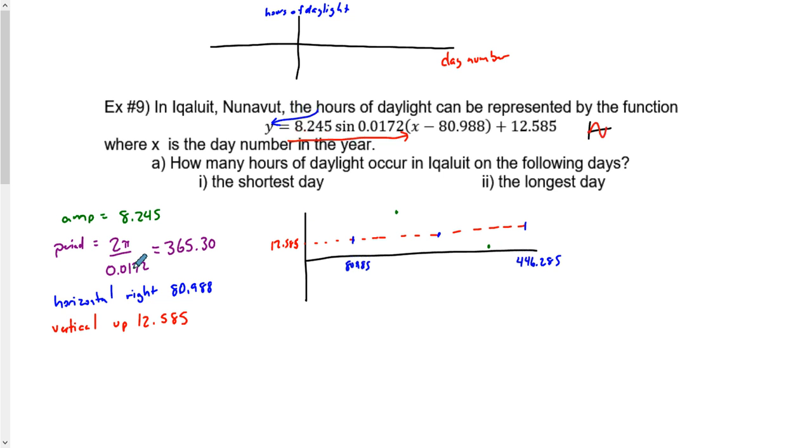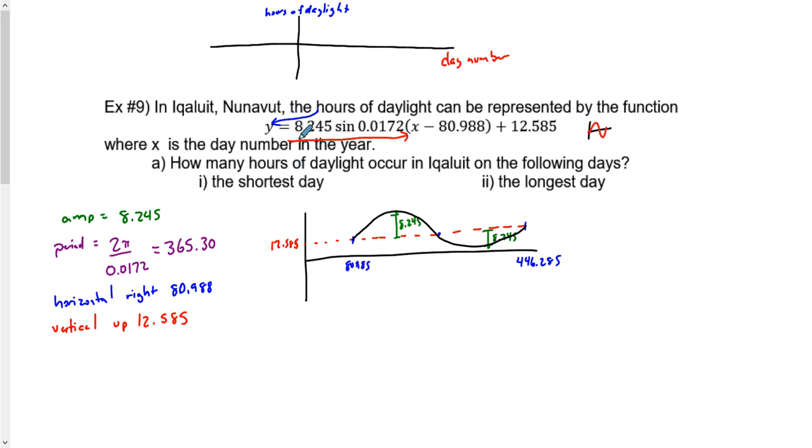Well, that's because our amplitude is only going to be 8.245. So that span is 8.245. This span is 8.245. So it's going to go up, down, back up.